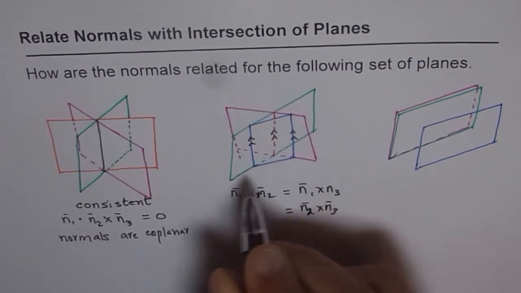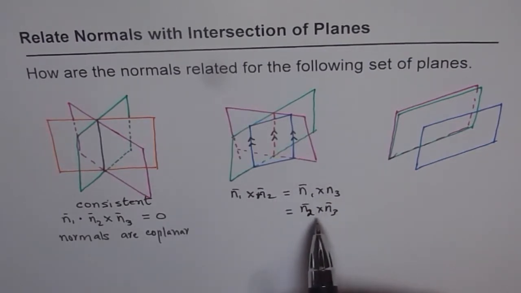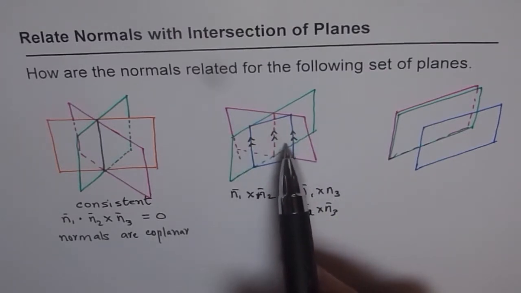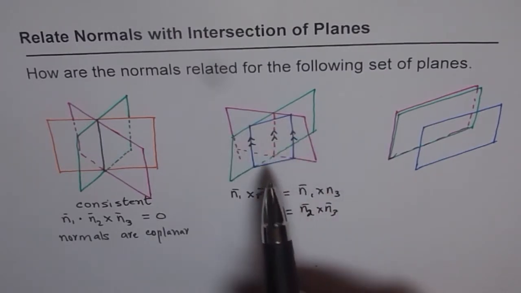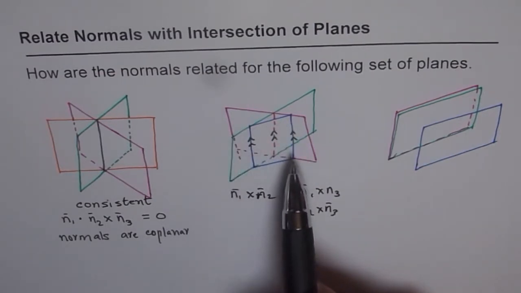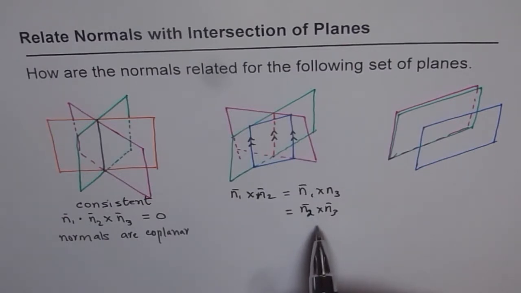So the cross product of any two normals taken in any order will be exactly the same. The cross products are scalar multiples, so all three lines are parallel. That is the scenario when they intersect in three different lines.